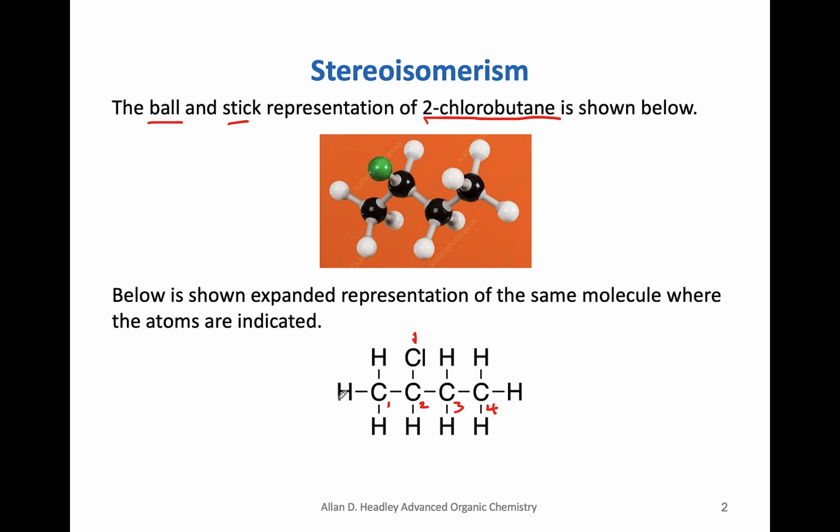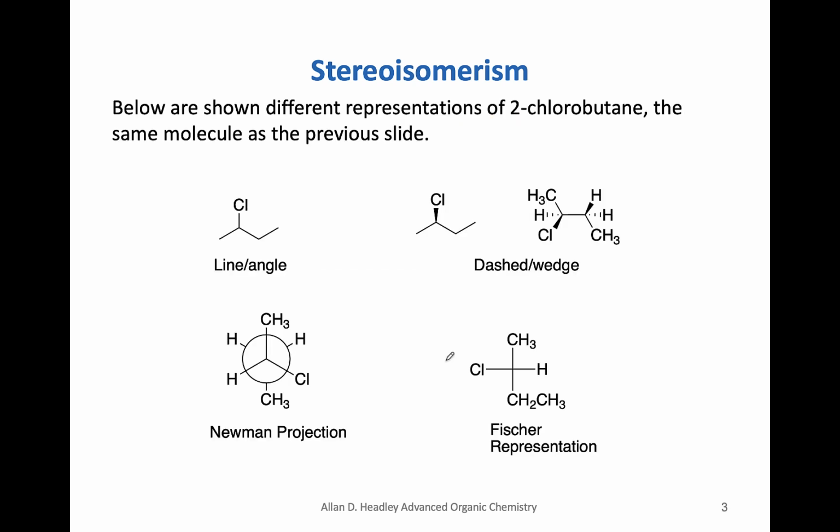As you can see here, this structure does not communicate very well the 3-dimensional arrangement of the atoms in space. So let us look at some representations that have been developed over the years.